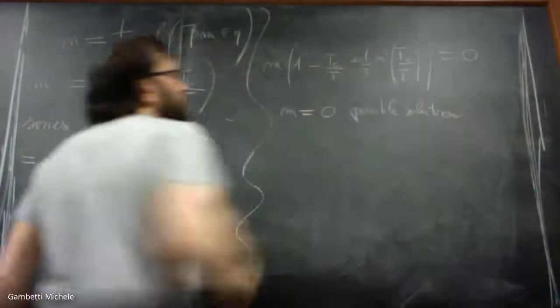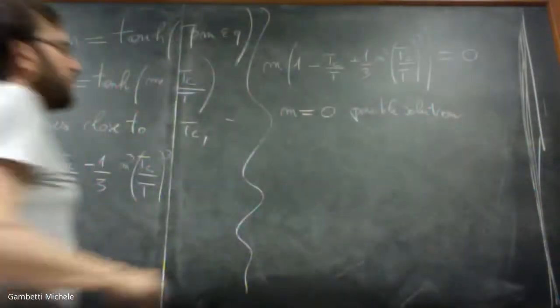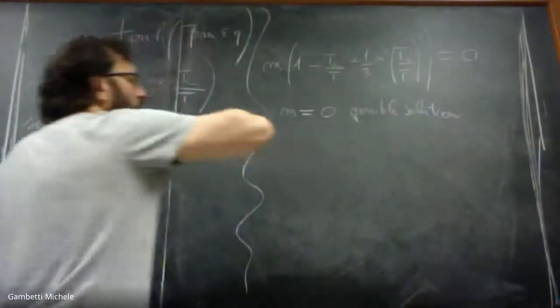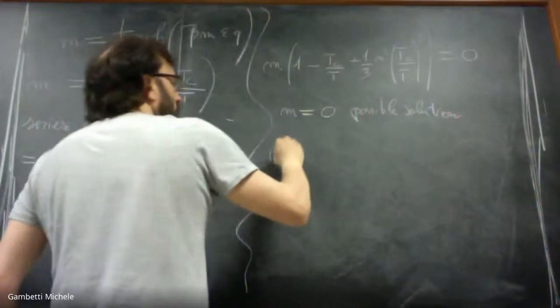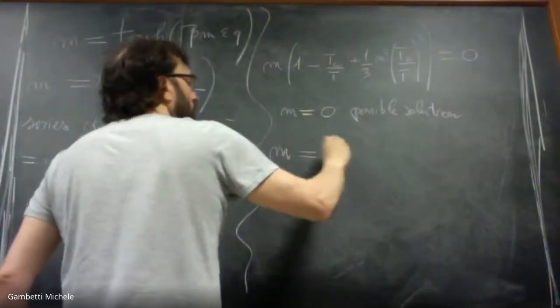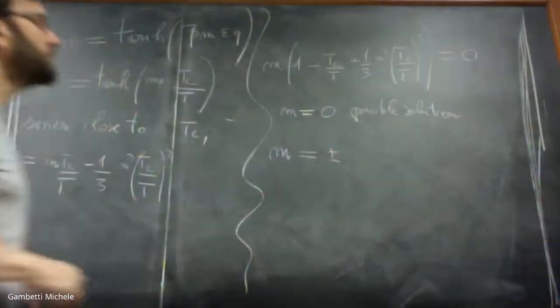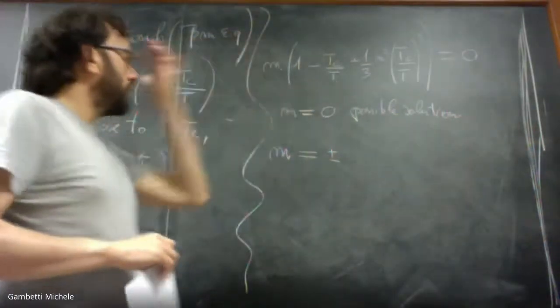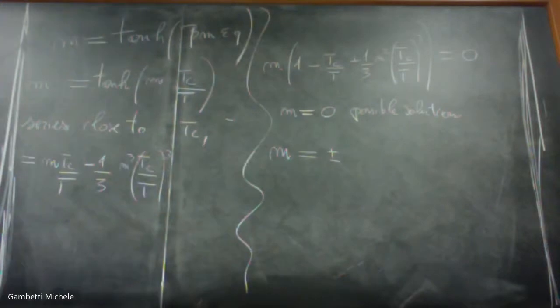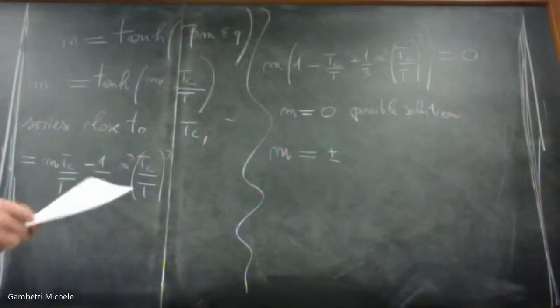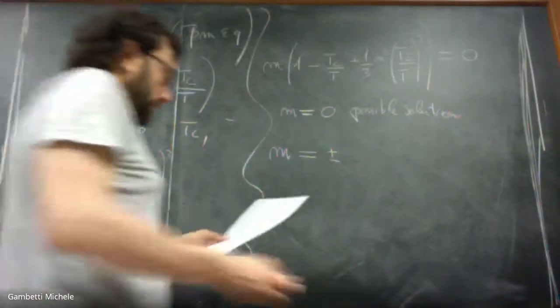And then I have two more solutions which are provided by the following formula. So m is equal to plus minus. Here I put this on the left-hand side, and so this Tc minus T divided by T. Let me write the result directly.